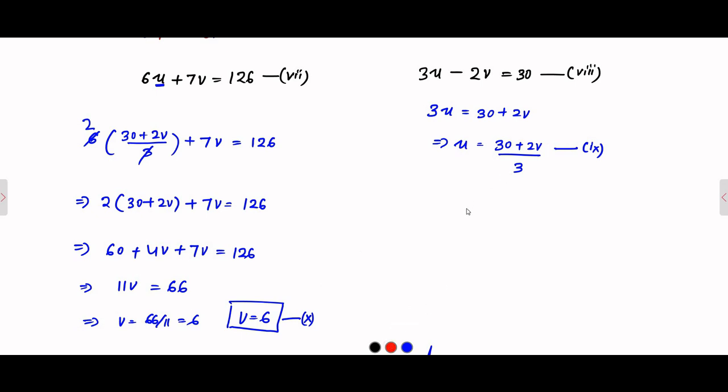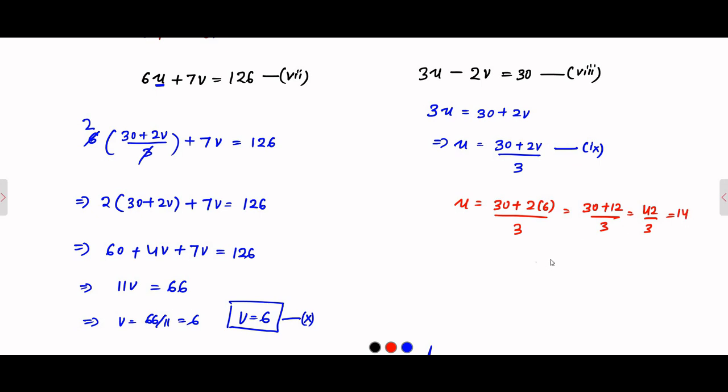So we have u is equal to 30 plus 2 into 6 by 3. So 30 plus 12, which is 42 by 3, which is equal to 14.